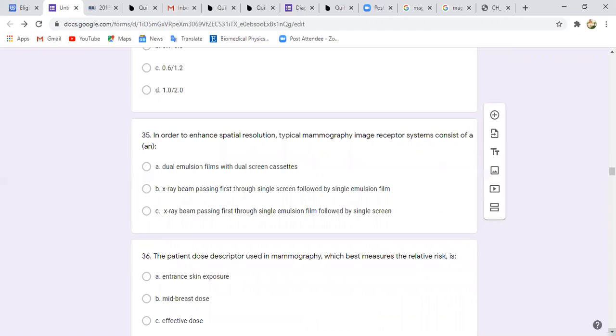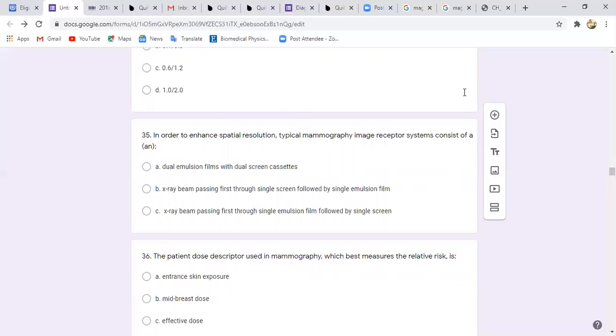Is it B? Is it C? I think it's B. The screen before the film. Are we sure? Okay. I just have to know this.